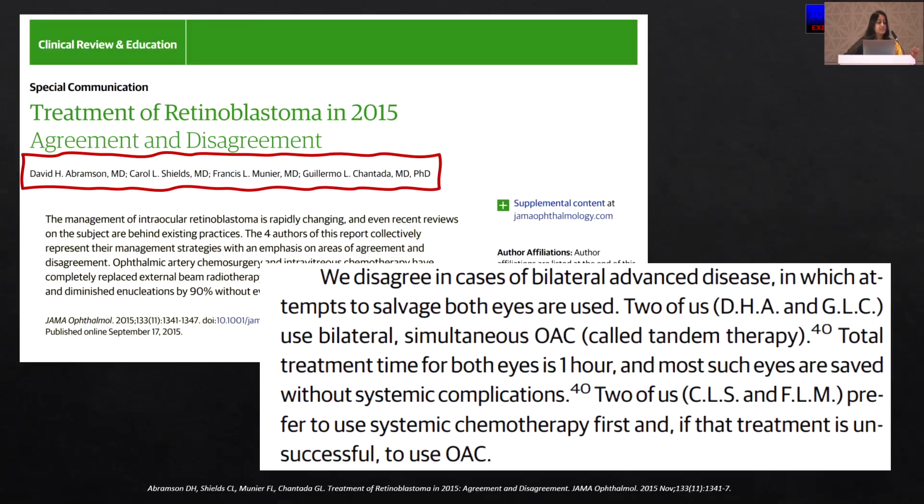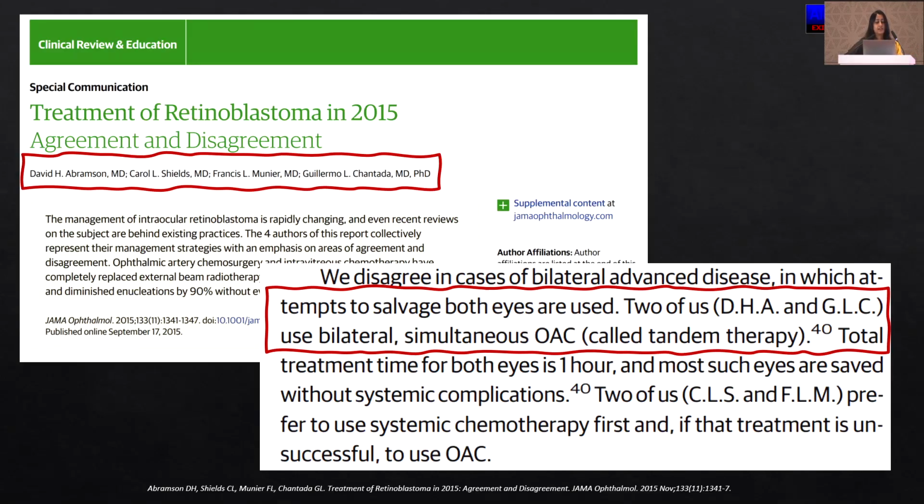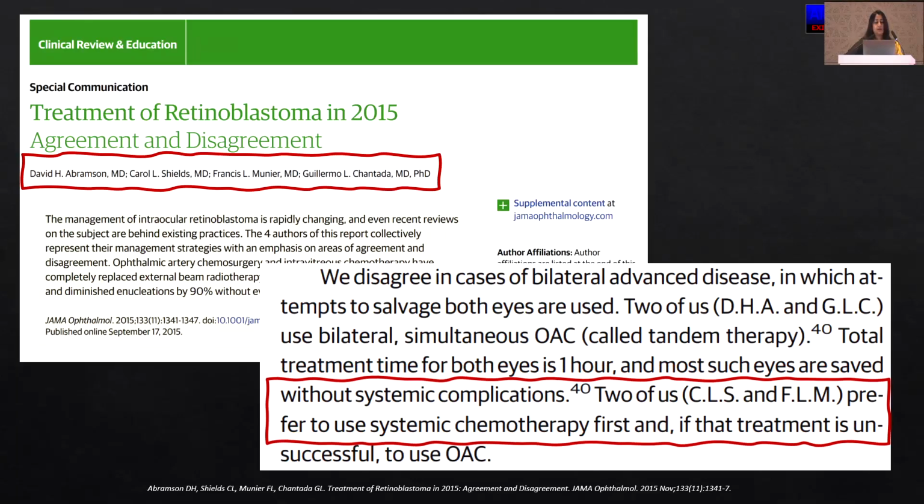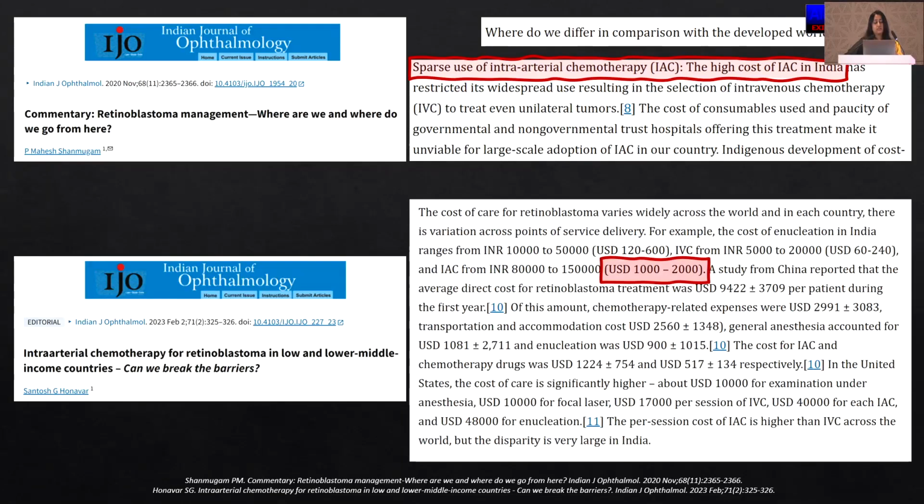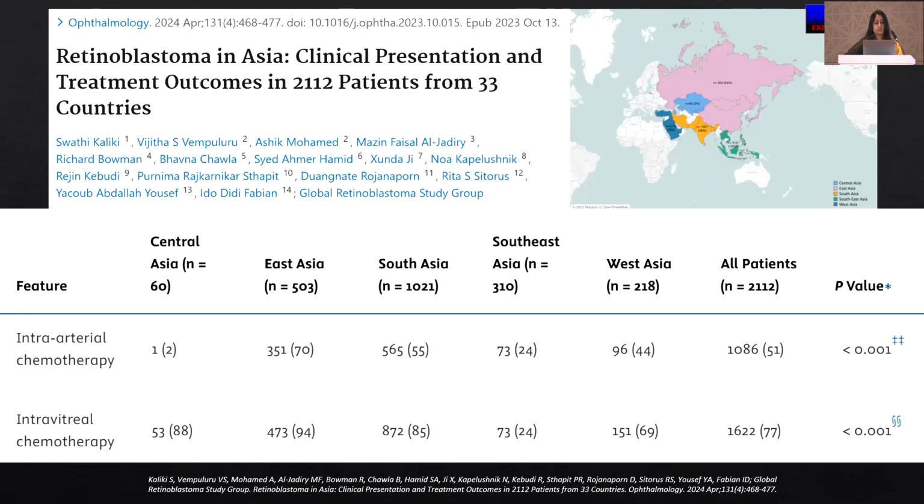However, the agreements and disagreements between the pioneers of IAC continue even in the developed nations. We must remember that cost is definitely a major factor in developing countries, and it has been proven that IVC is nearly 10 times cheaper than IAC, which is one of the factors here.